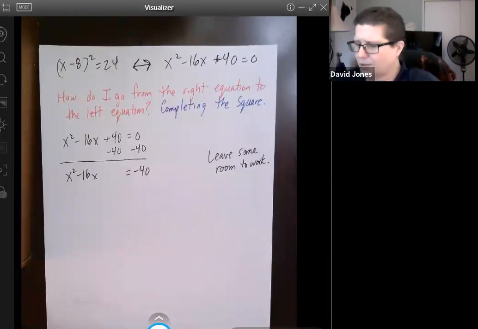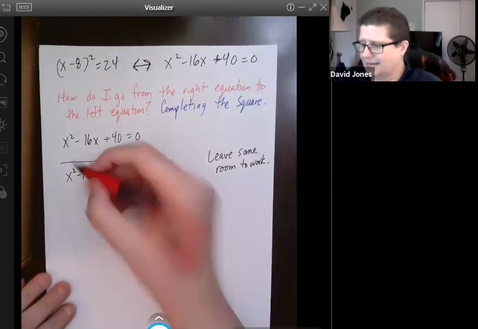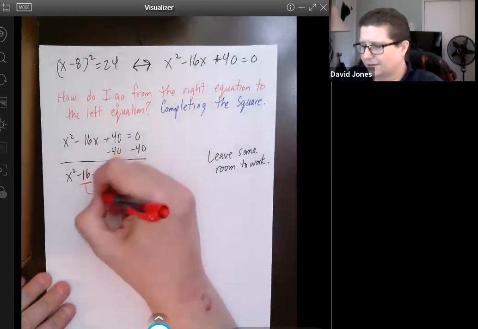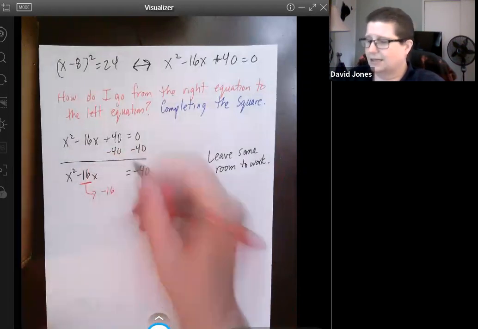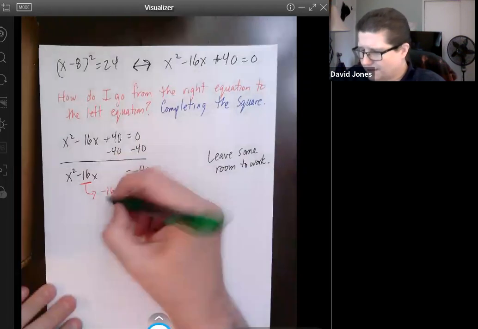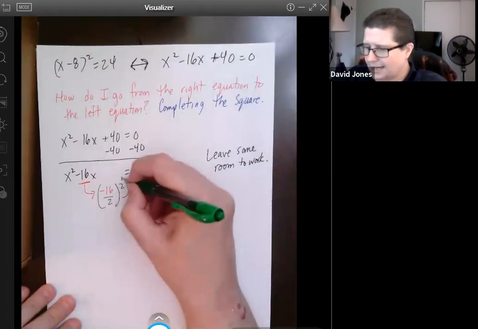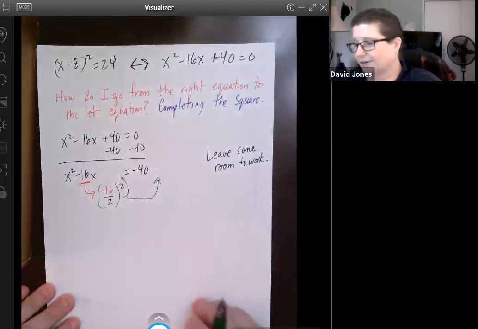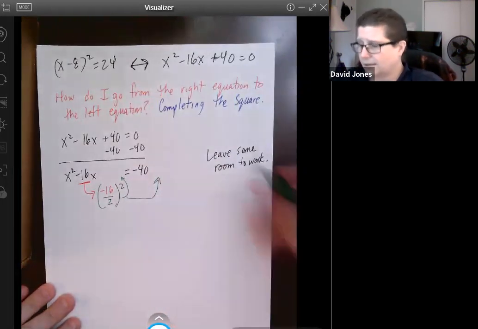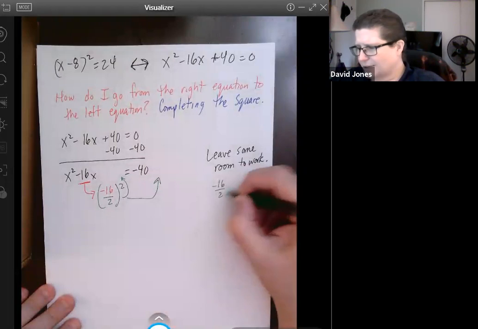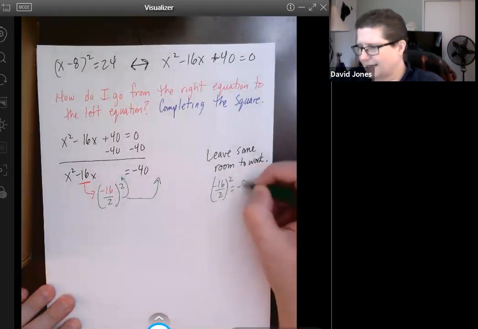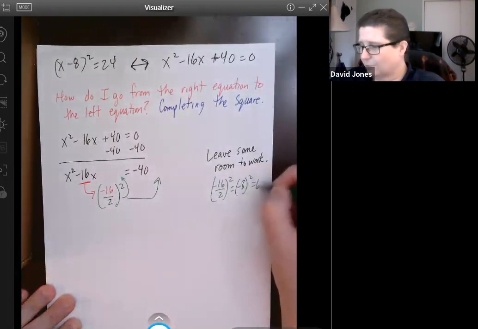Then what I'm going to do is take this value right here, negative 16. I'm going to divide it by 2 and square it and put that here, and I'm going to add it over here. Negative 16 divided by 2 squared is negative 8 squared, which is 64.